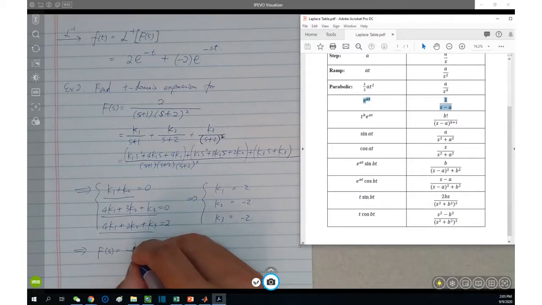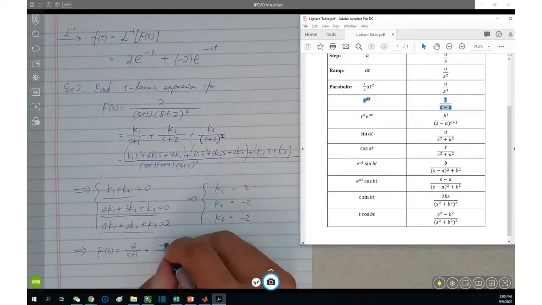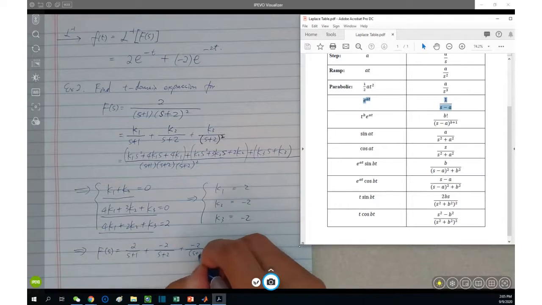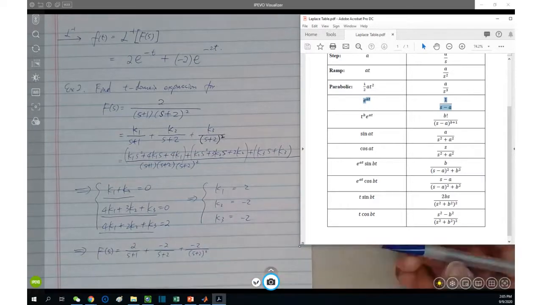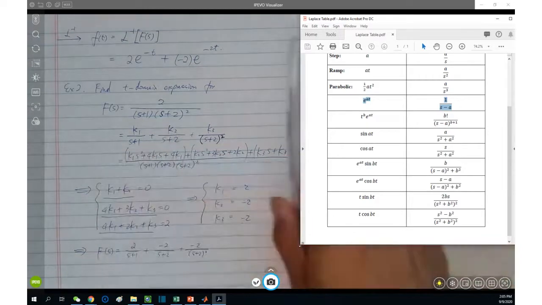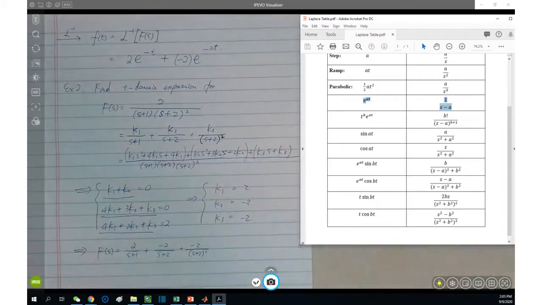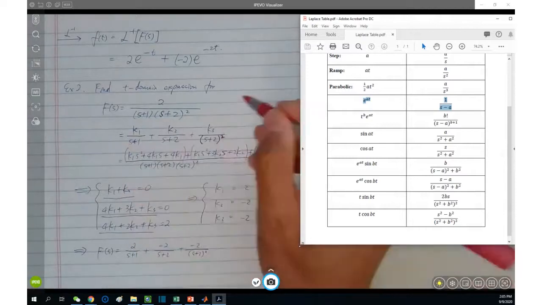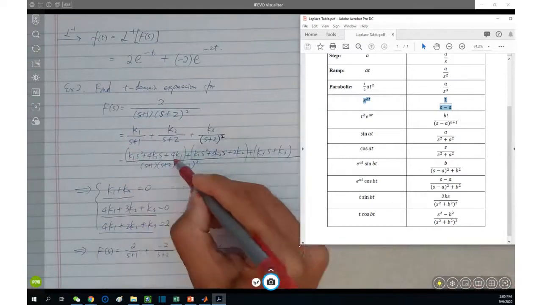2 over s plus 1, plus -2 over s plus 2, and so on. Professor, I might be a little rusty. Can you explain again how you came up with the 3 equations? Okay, here. Now let me use the red. How about this one?